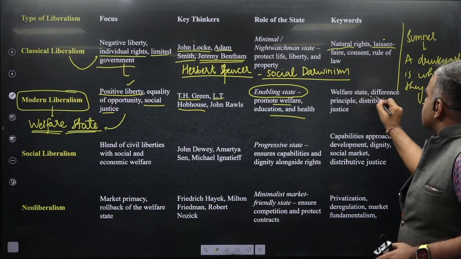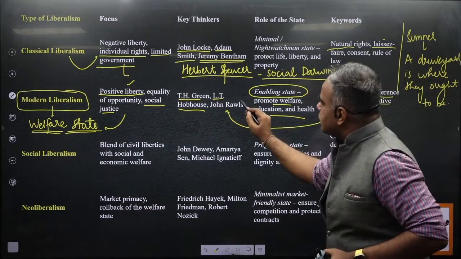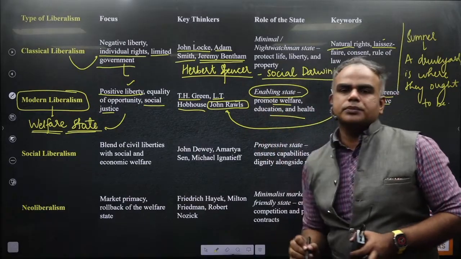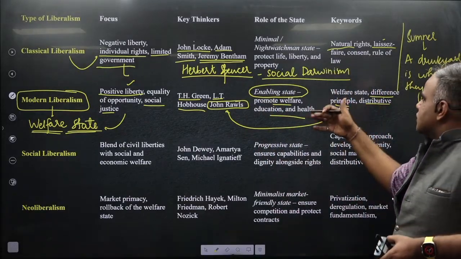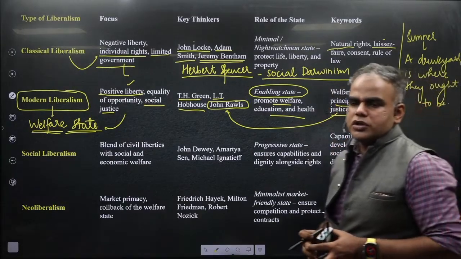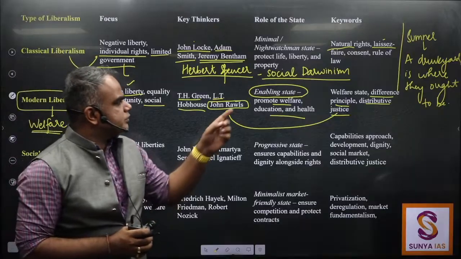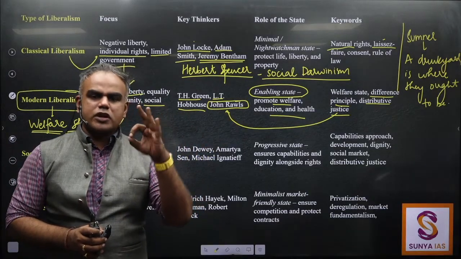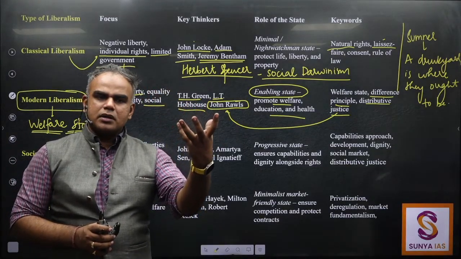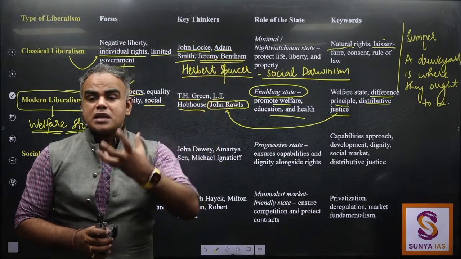Now these two terms, difference principle and principles of distributive justice, are attributed to John Rawls. When I do justice, I'll explain them more, but simply understand, according to John Rawls, if in a society there is progressive taxation, what are you doing in progressive taxation? The richer are taxed more, but what is the purpose?